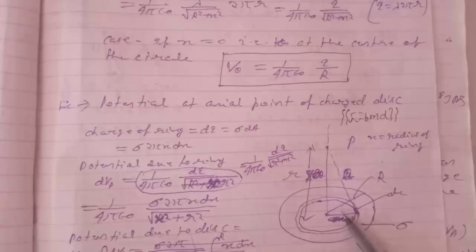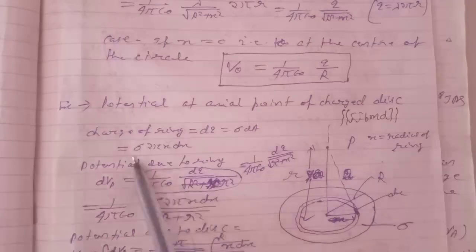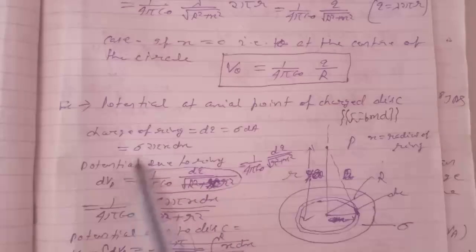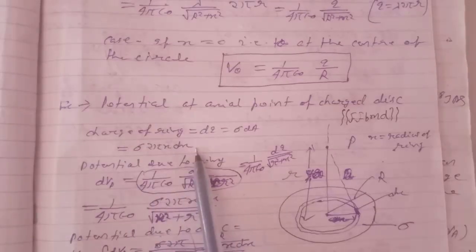So to calculate the potential, first we have to consider a ring at a distance x of thickness dx. So the charge of the ring will be dq equal to sigma dA equal to sigma into 2 pi x dx.